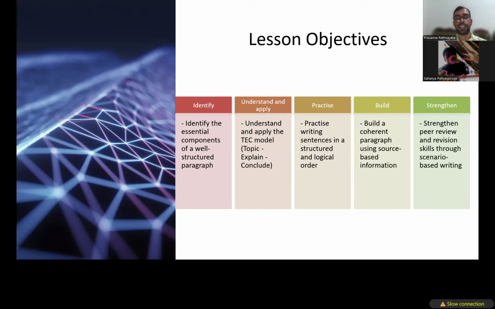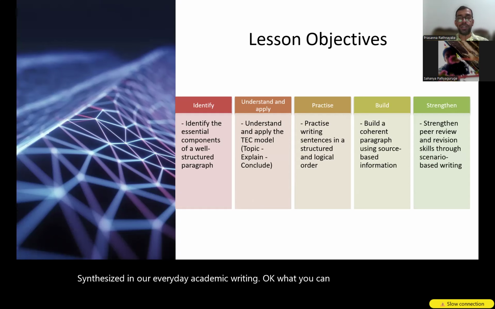T, E, and C stand for that. We'll be elaborating on this, and you'll see how easy, how cohesive, and of course, how crystal clear your paragraph writing becomes when you use a technique like TEC.